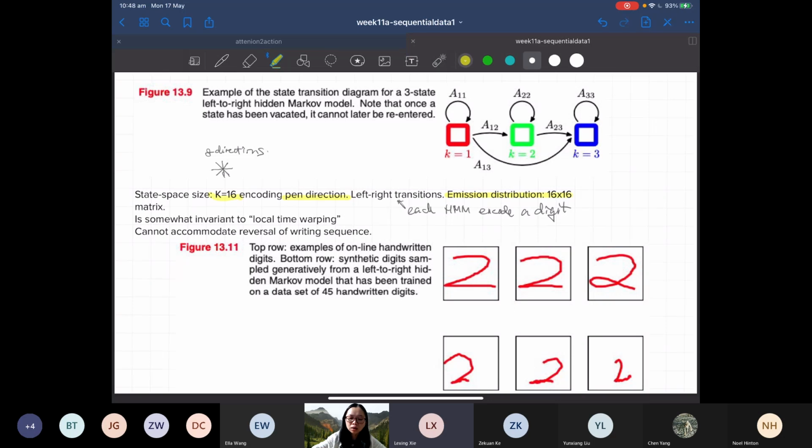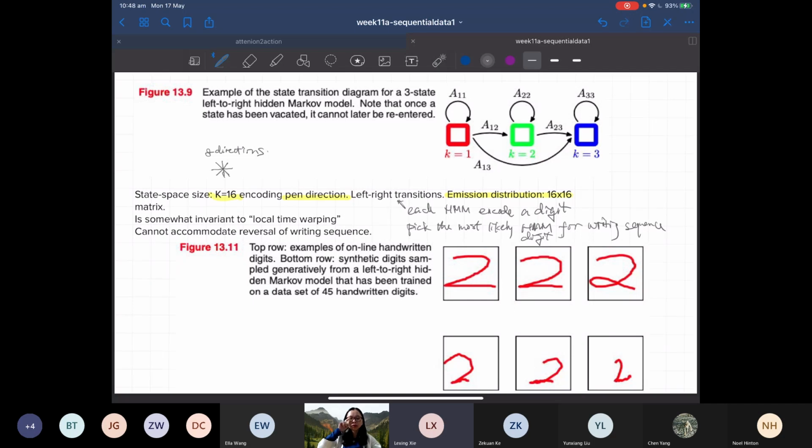And the task is to pick the most likely or best HMM for the data, the writing sequence. And this corresponds to a digit.